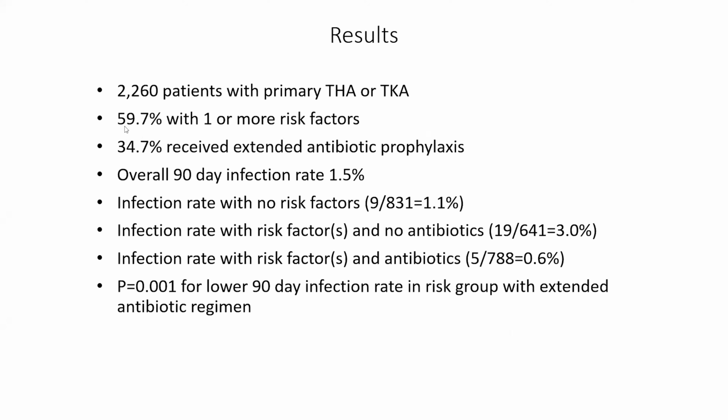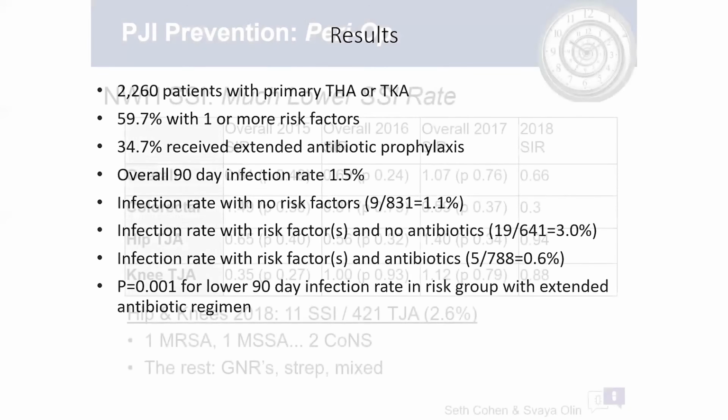About 60% did have a risk factor, 1 or more, and about a third got the antibiotic prophylaxis. 90-day infection rate of 1.5% total, with no risk factors, a little lower, 1.1%, with risk factors and no antibiotics, 3%, with risk factors and antibiotics, 0.6%. So the antibiotics did seem to decrease the 90-day infection rate.